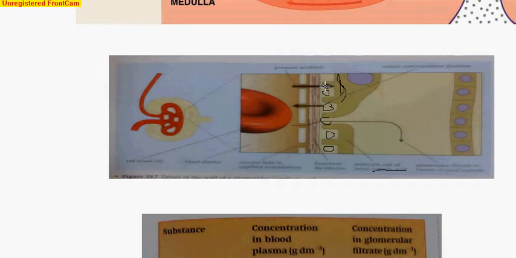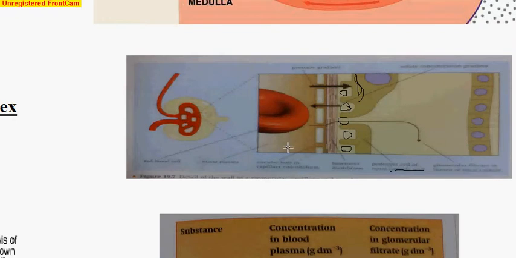Now what happens is this blood is moving over here, right? So large particles like the blood cells, this is a red blood cell, we can see it here very clearly. This one is very large, so it can't move through these holes. So it remains in the blood.